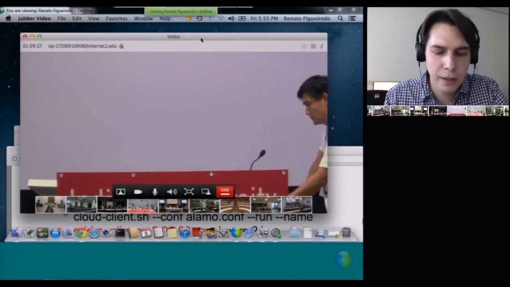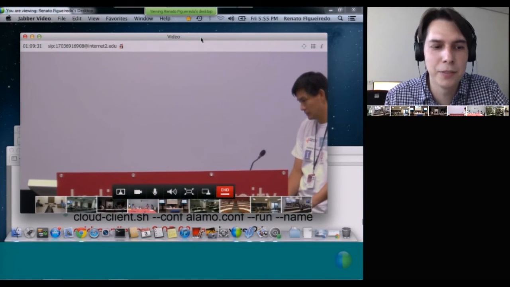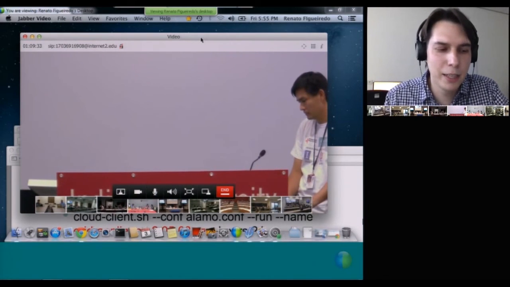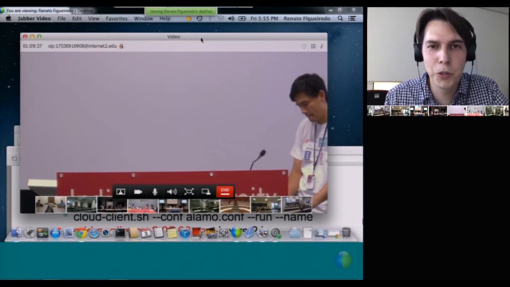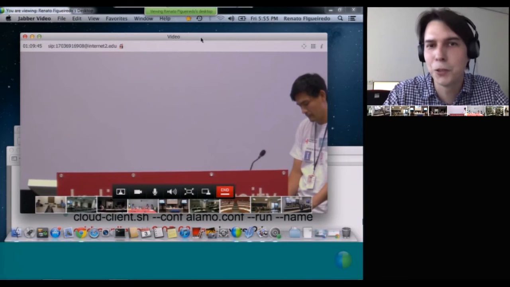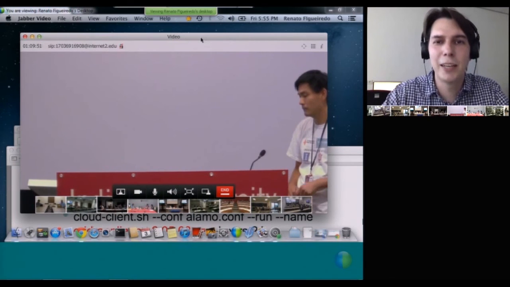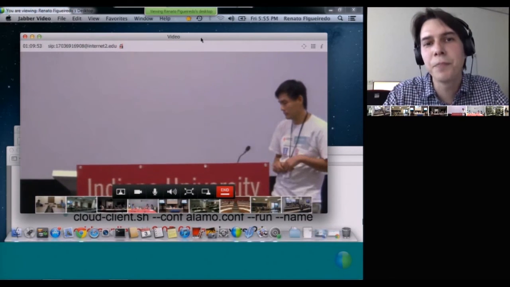With the IPOP virtual network, for example, we have demonstrated the ability to route messages between two nodes that were not connected directly by the public internet. They had a public internet routing outage between two PlanetLab nodes. Machine A and B could not send a packet to each other, but they were able to send through an intermediary in the overlay.